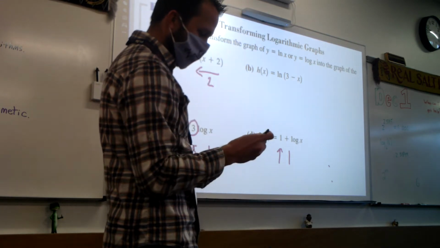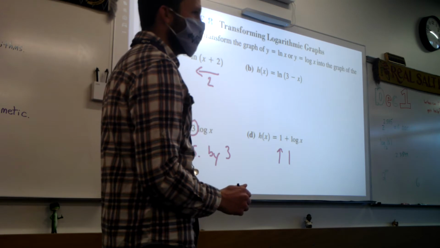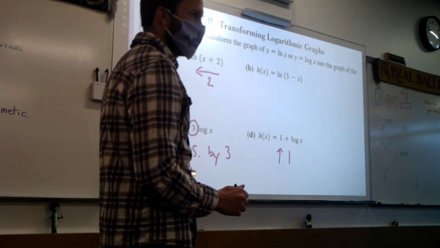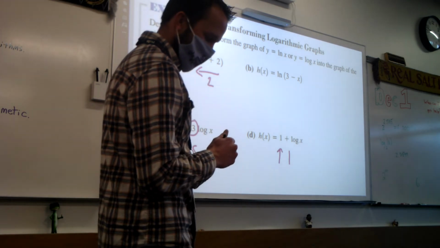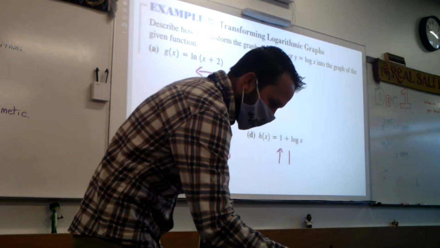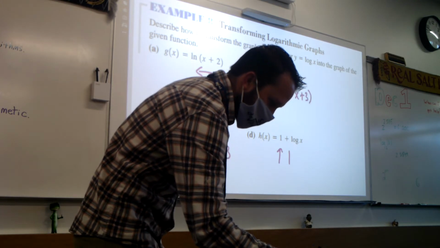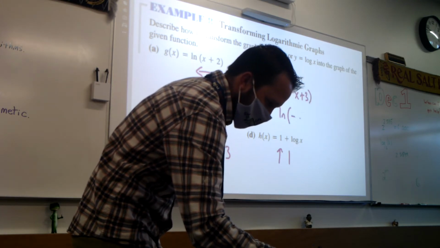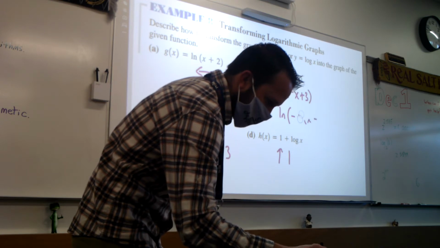Okay, now B is a little bit tricky. This was on your quiz. What do I have to do here? Go ahead, Kimberly. So it's negative x plus 3, yep. Oh, wait, that's not what I meant to do.